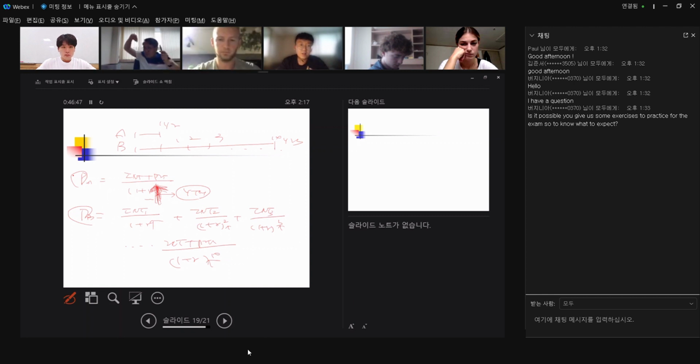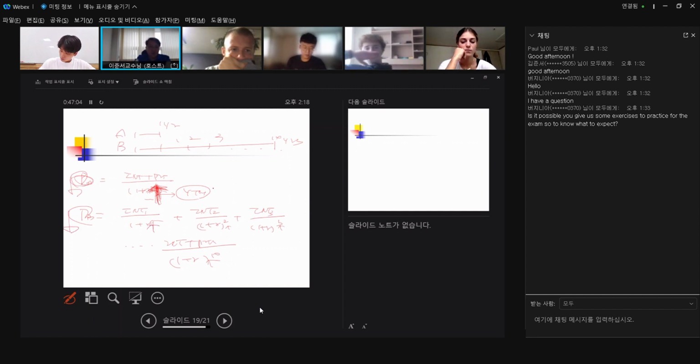Left-hand side, right-hand side. Decrease, right? It's common sense. If the denominator increases, then PA decreases, and PB definitely decreases, right?